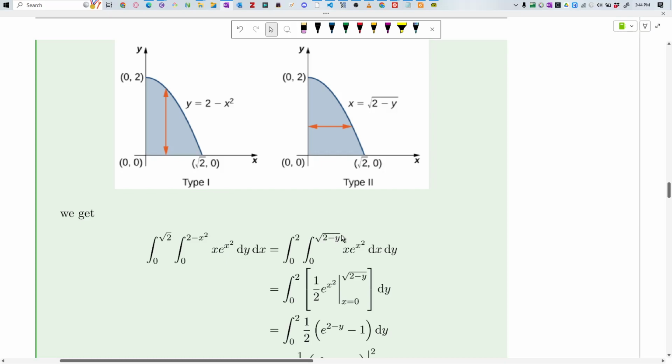And so this ends up depending on whatever the value y is. That value of y is coming from the outermost integral. So there's like a dependency. This inner integral depends on the outer value y.